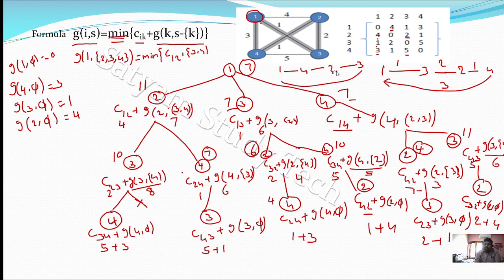Now you can see 1 to 4, the 1 to 4 value is 3, and 4 to 2 value is 1, and 2 to 3 value is 2. Here 3 to 1, that value is 1. Now you can see 3 plus 1, 4 plus 2, 6 plus 1, 7. This is also a 7.